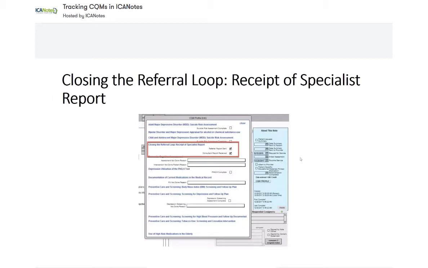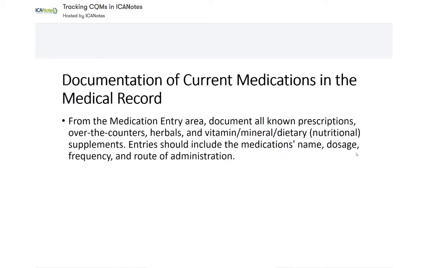So, all right. The next thing is easy, and I hate to be the one to tell you this, but unfortunately, documentation of current medications in the medical record is a high priority now. Later on in the future, they're thinking about taking it away because this is something that everyone does. So it's not going to count as a high priority later on, but right now, while it is, you should take advantage of it.